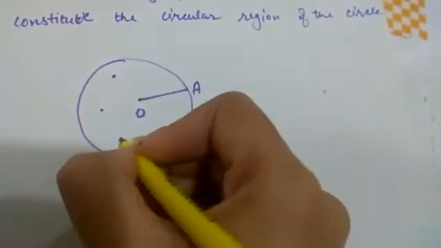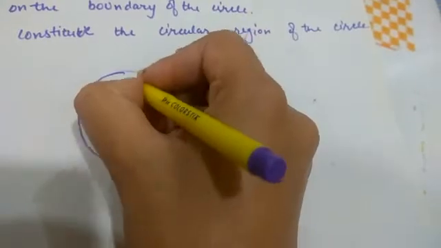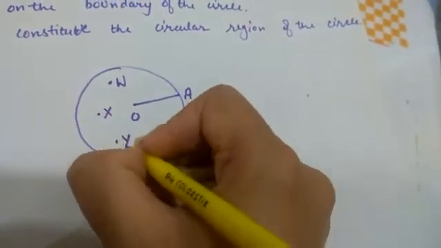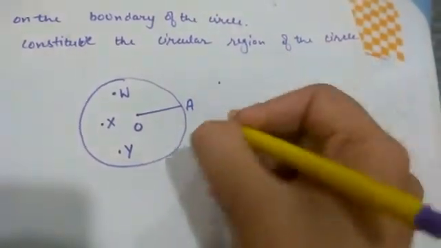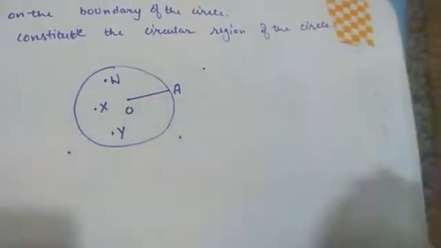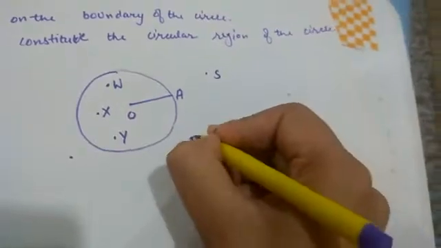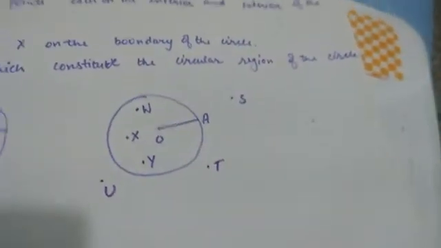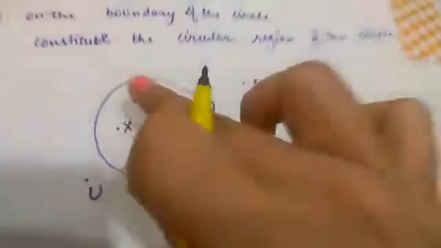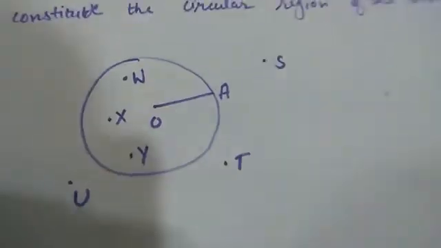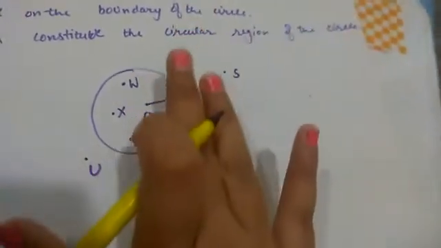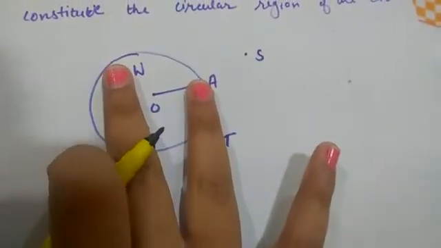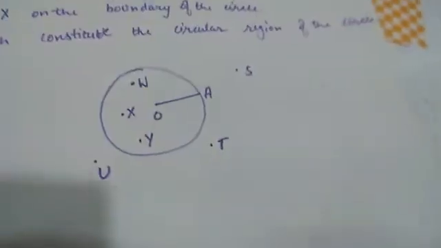Let us suppose these are the 3 points W, X, Y. These 3 points lie inside the circle, and any 3 points, let us suppose this point and this point, S, T, U. These 3 points are outside the circle. That is completely your wish, what names you want to give these points. Everything is completely your choice. Just write any 3 points that are inside the circle and any 3 points that are outside the circle. Next question.